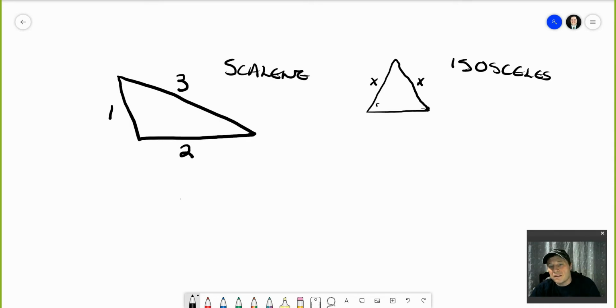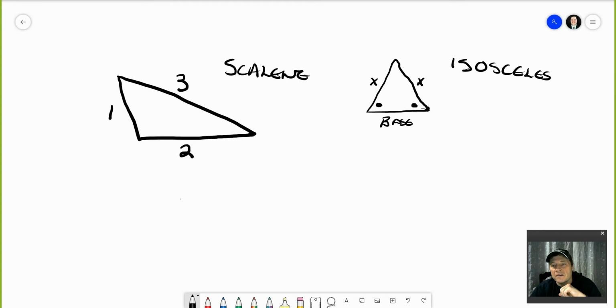That means that the base angles, here and here, these angles in here, are also the same. This is the base of our isosceles triangle. The base is the side that is a different length from the other 2.